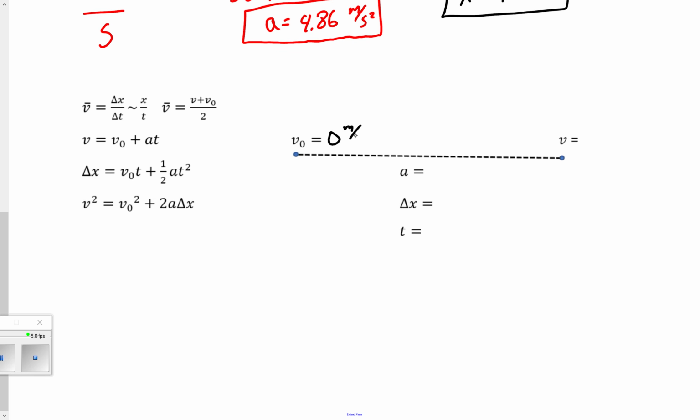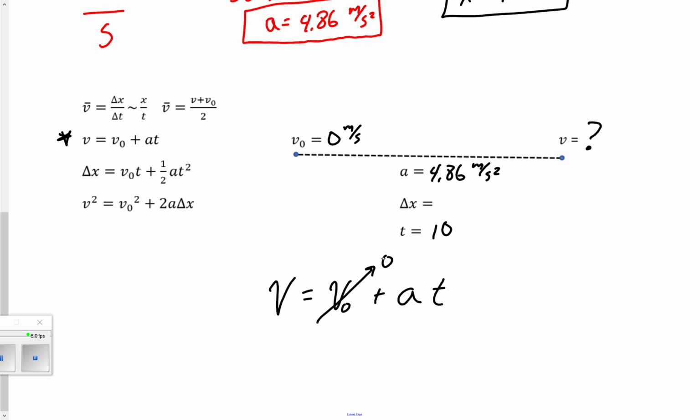Knowing that it started from rest, knowing that the acceleration is 4.86 meters per second squared, what is the velocity of the car after 10 seconds? And hopefully all you would do is go directly towards this velocity equation. v equals v sub 0 plus at. v sub 0 is actually 0.